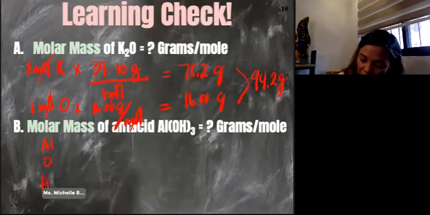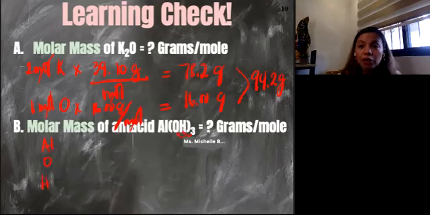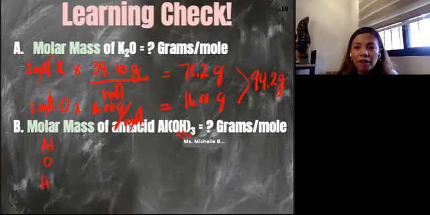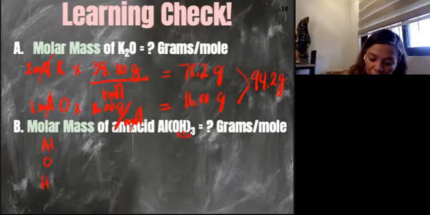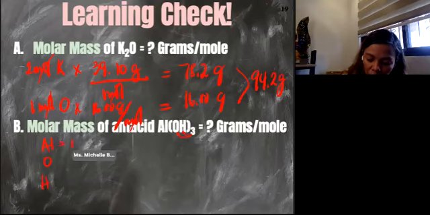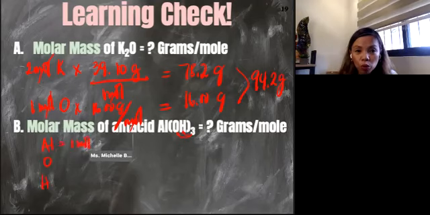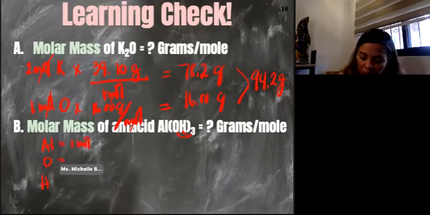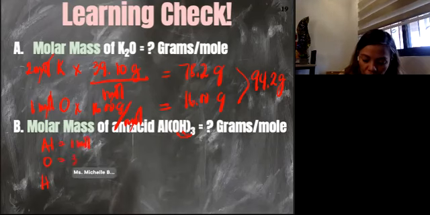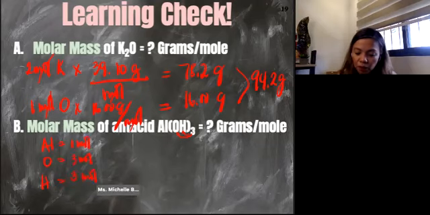Do you know what this subscript indicates? This is a multiplier. You multiply it to the number of atoms. So for aluminum, it's made up of only 1 atom, so we have 1 mole. For oxygen, 3 times 1, 3 moles. And for hydrogen, 3 times 1, 3 moles also.